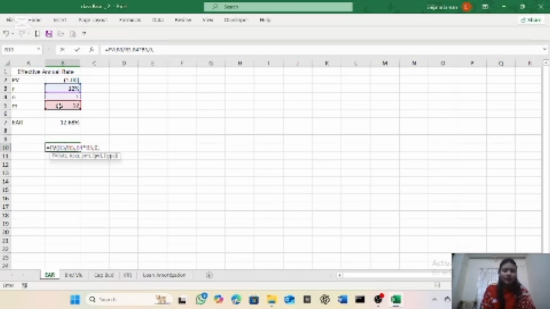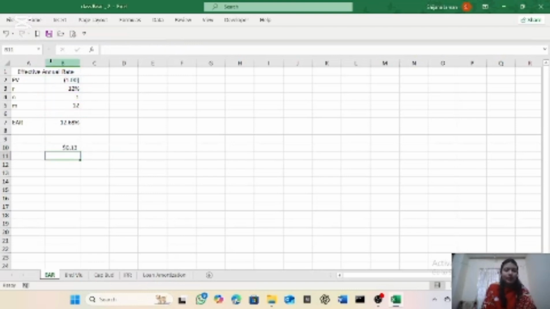Okay, comma present value of minus figure. Here already a minus figure is included, so present value, comma type would be end of the period. Okay, bracket close, minus 1.